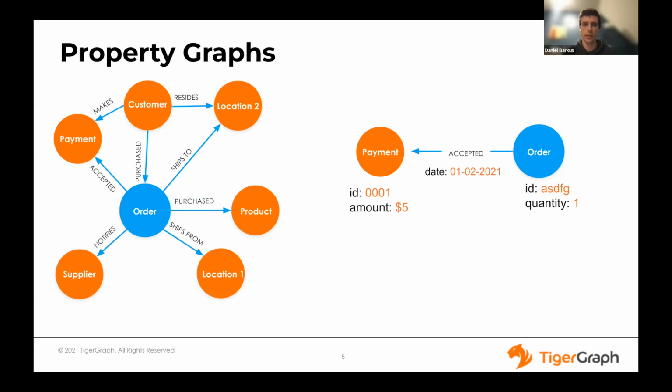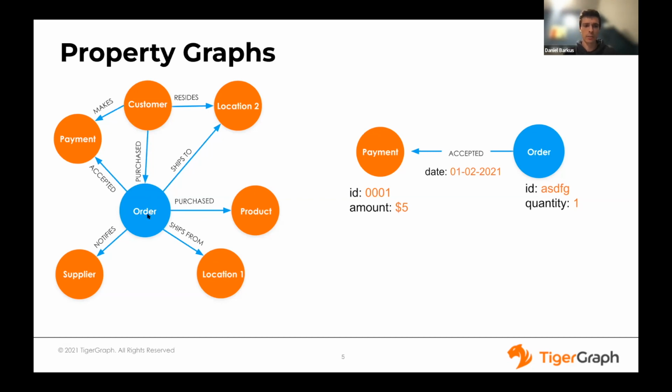We would have to do joins to figure out where a customer lives, or what orders a customer had ordered. But if we wanted to look at something more advanced, like this order ships from a certain location, and this customer lives in this certain location, how do we optimize what location we can ship from for this individual customer for any of their orders?